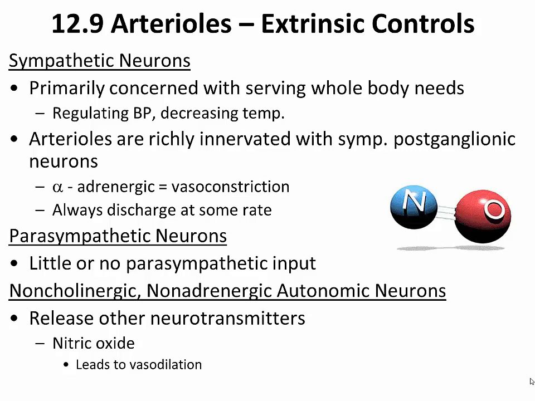Lastly, we have some neurons that are not cholinergic and not adrenergic. They don't release acetylcholine, they don't release norepinephrine, but they do play a role in regulating arteriolar smooth muscle contraction in the body. These neurons are primarily found in the digestive system.